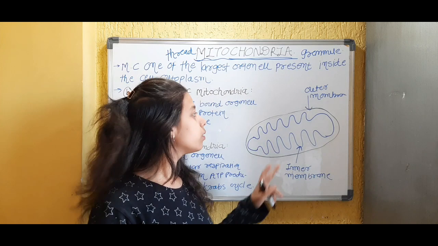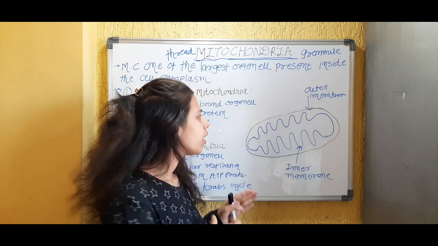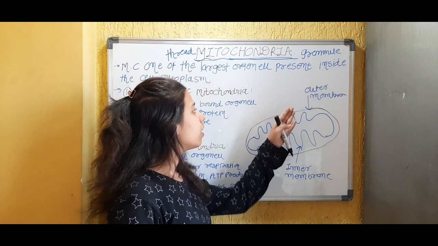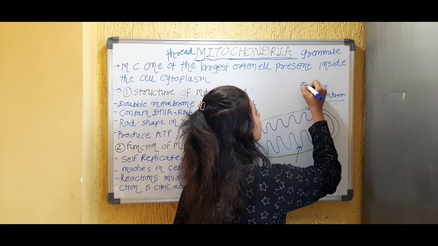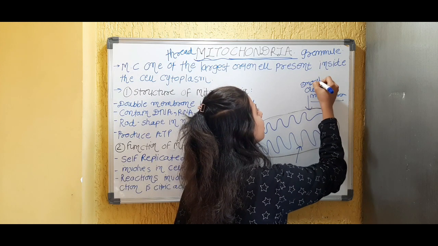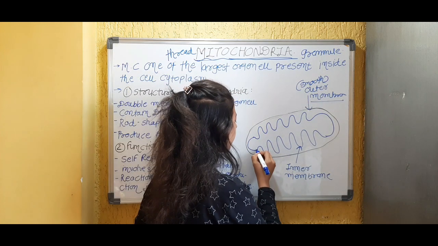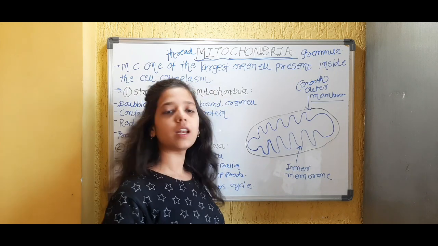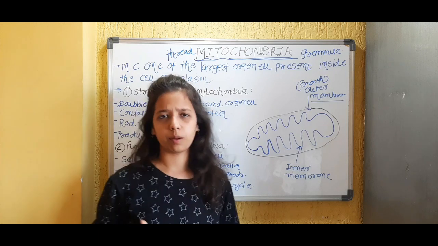The outer membrane is very smooth, and no components are present inside the outer membrane, so it is also known as the smooth membrane. But the inner membrane has this finger-like structure, and it is also known as the rough membrane.